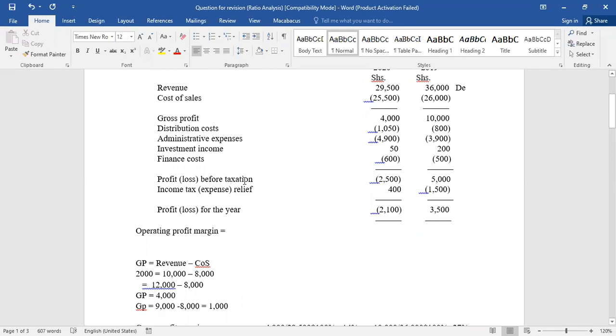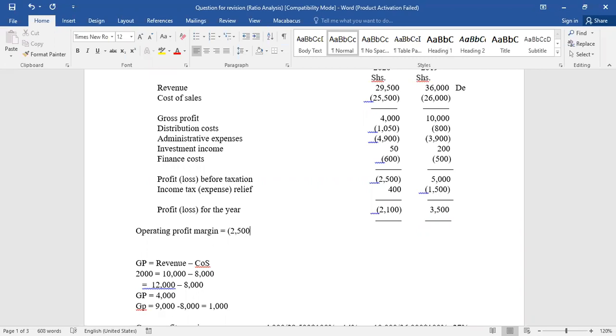This is the standing outline. Profit before tax is not the same as profit before interest and tax, but you can use it to get profit before interest and tax. So we get this figure of profit before tax, and it's actually a loss. For 2015 it is a loss, so you put a loss of 2,500.